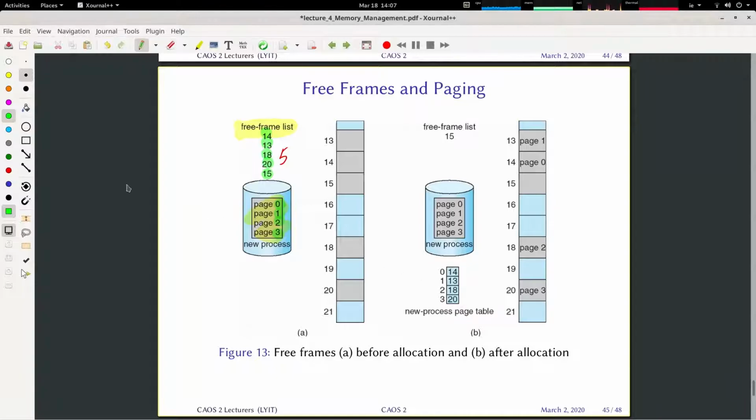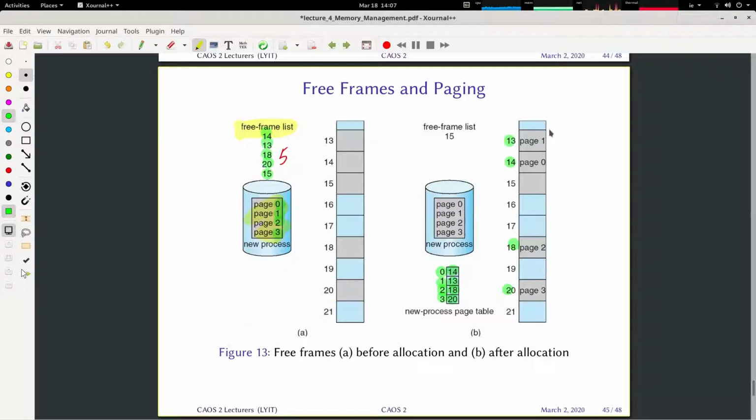Page 0 goes to frame 14. Okay, so there's frame 14 there. Page 1 goes to 13, which is up here. Page 2 goes to frame 18, and page 3 goes to frame 20.